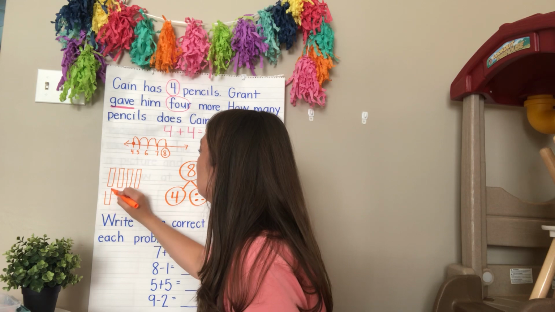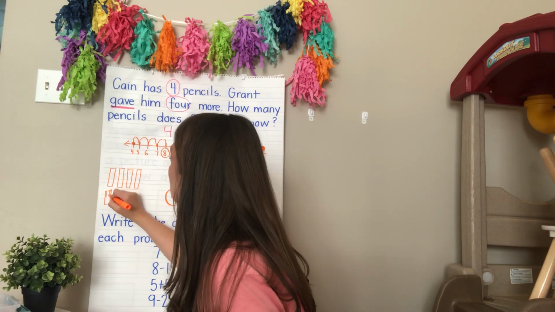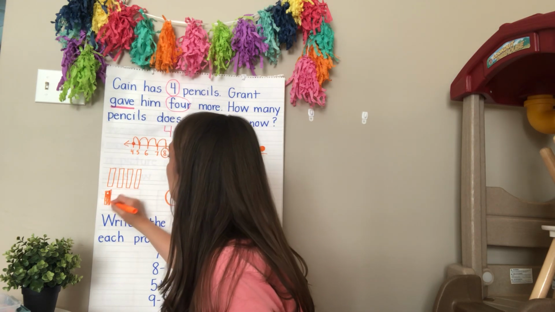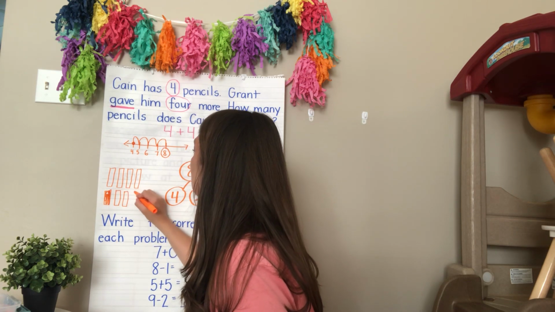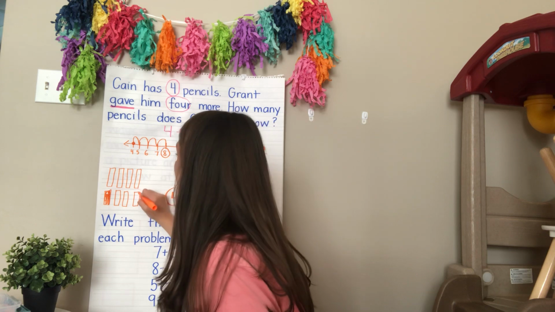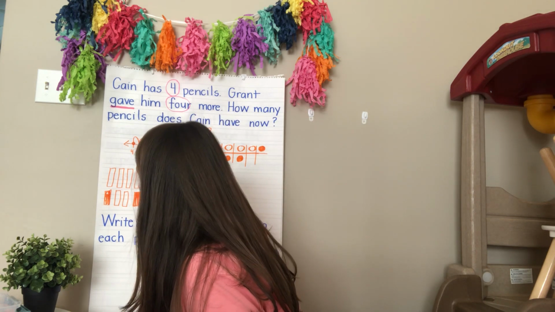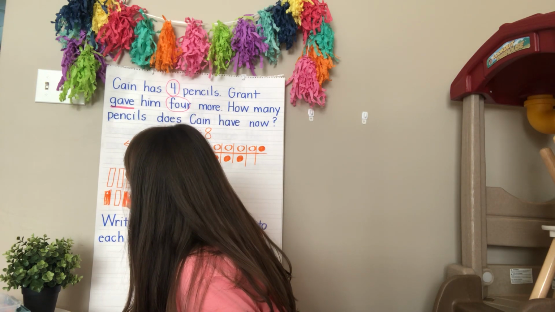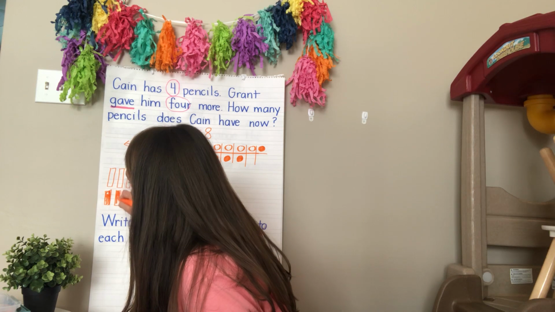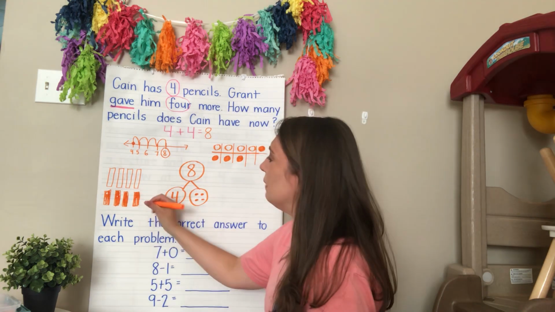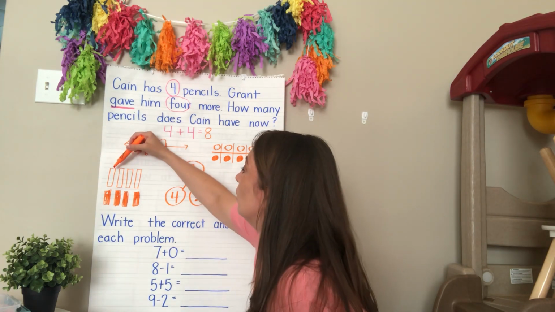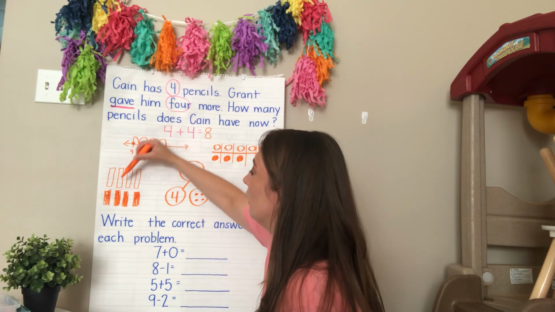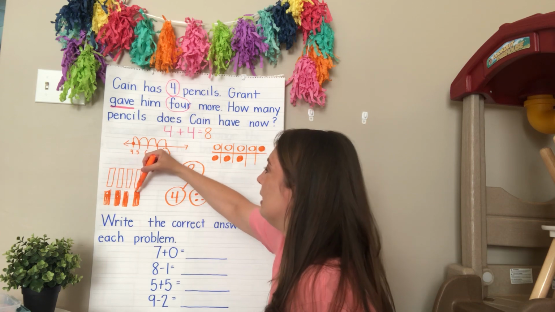And then I'm going to draw 4 closed rectangles. And when I do that and I count them all up, I should have 8. 1, 2, 3, 4, 5, 6, 7, 8.